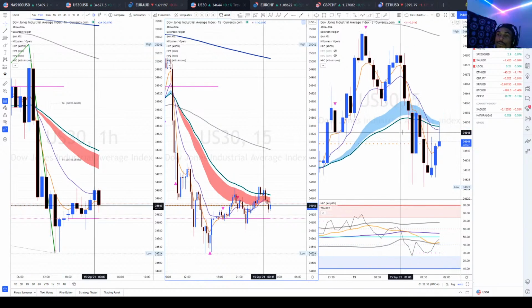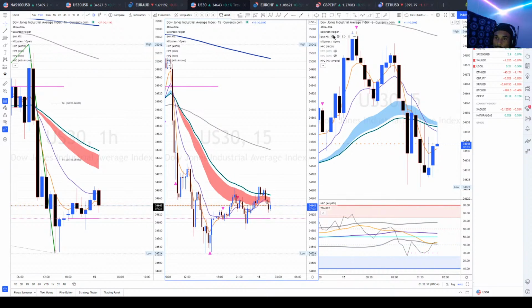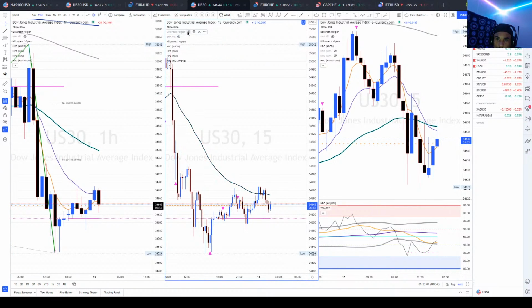So US 30 is retracing back into this range, right? Let's take the fill off. The fill can be a bit distracting at times.